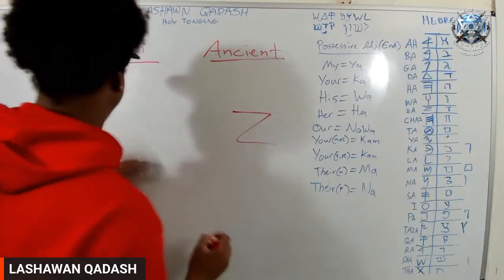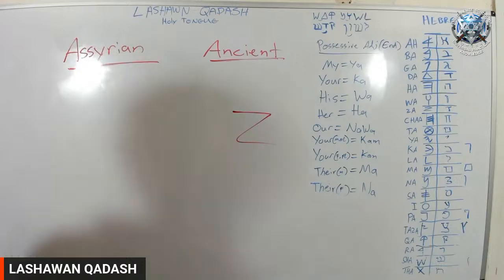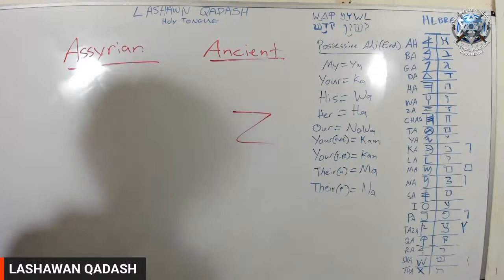Now, what is it in the Assyrian? Assyrian. What does Za look like?